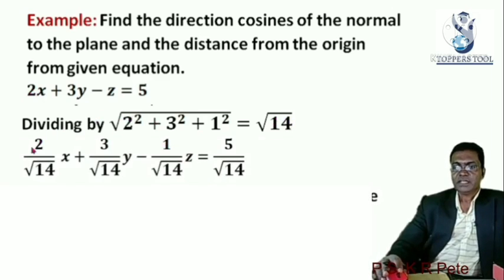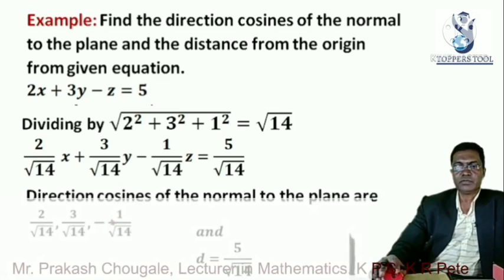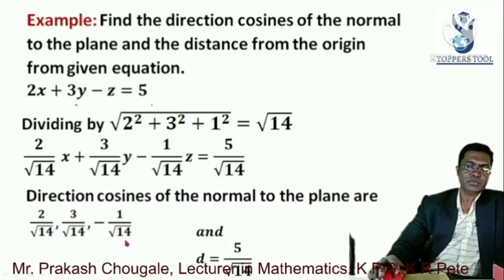Now definitely if you square and add you will get 1, so definitely these are the direction cosines. So the direction cosines of the normal to the plane are 2 by root 14, 3 by root 14, minus 1 by root 14, and whatever quantity we get on the right side, that is your D.